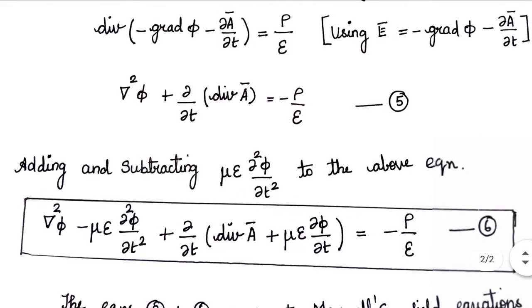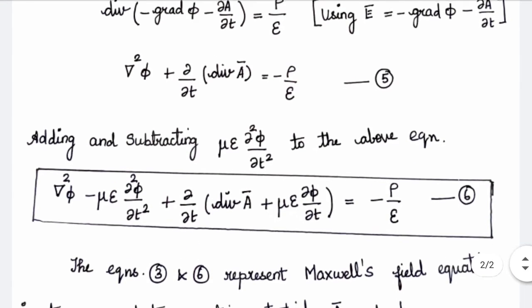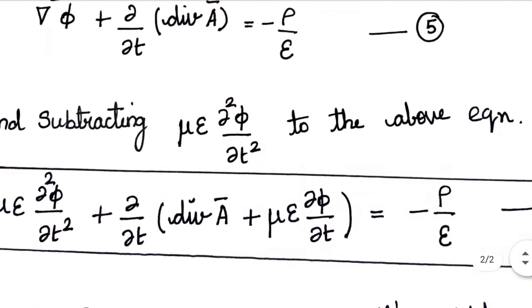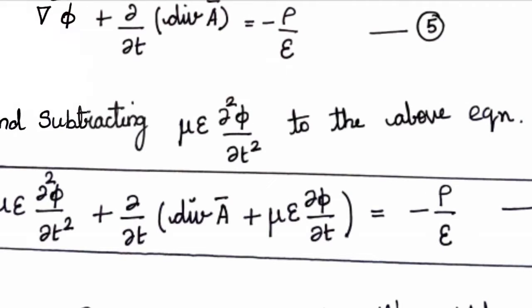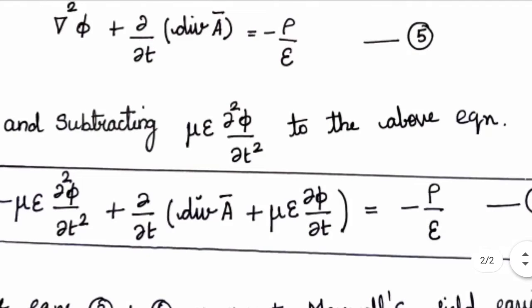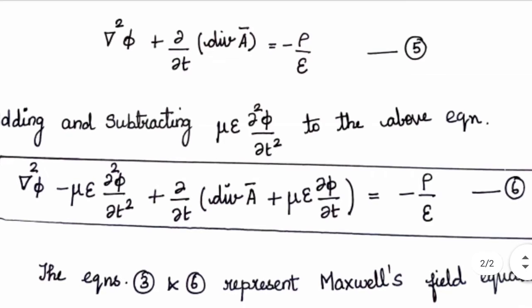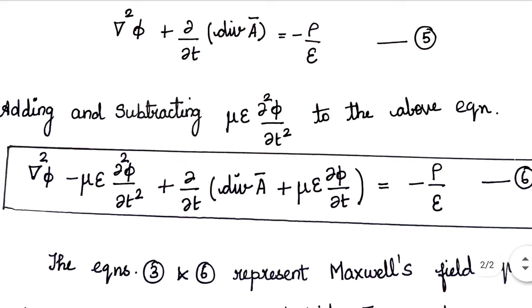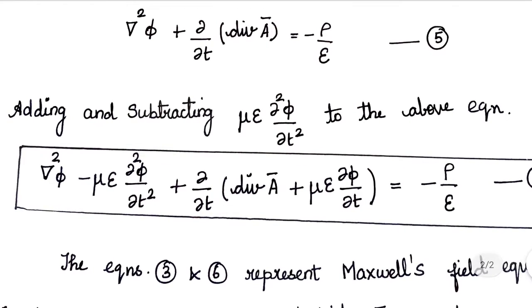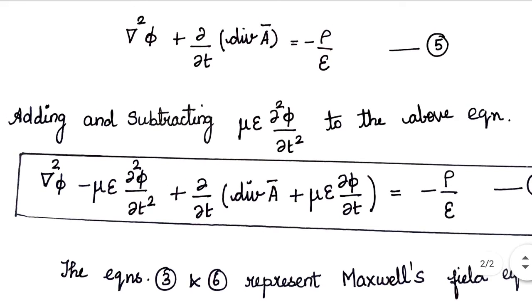So in equation 5, on the left hand side we are adding and subtracting a term mu epsilon dou square phi by dou t square. That doesn't bring out any effect, adding and subtracting mu epsilon dou square phi by dou t square. So see here we have an added one at the beginning.